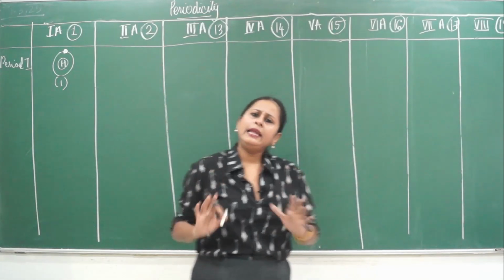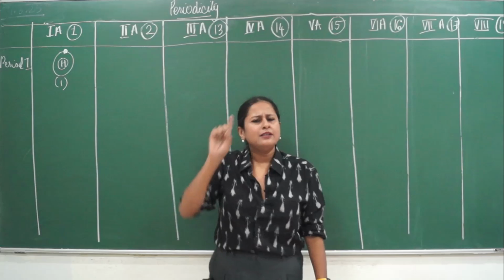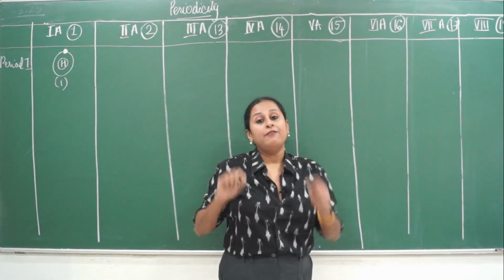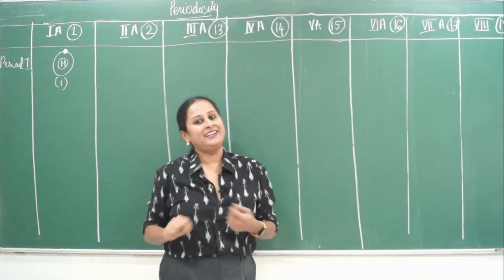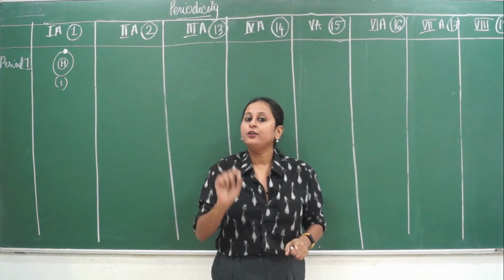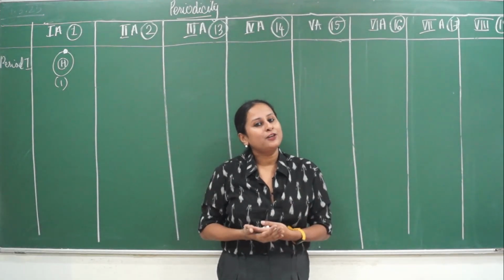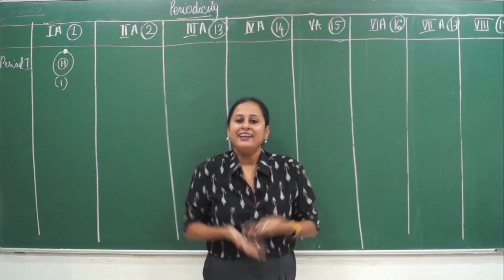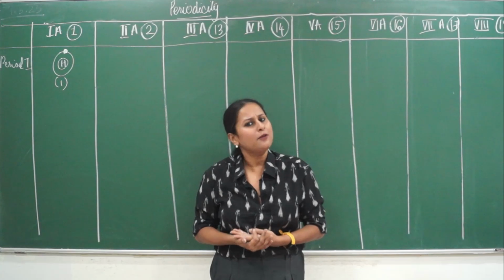Coming to helium. Helium has 2 electrons in its outermost shell. So there is one quick exception about hydrogen and helium, where they can be stable by just having 2 electrons in their valence shell, because they have only 1 shell, and according to our 2n square rule, how many electrons can be arranged in the first shell? Only 2. So if an element has only 1 shell, it can be satisfied by just 2 electrons in its outermost orbit, isn't it?